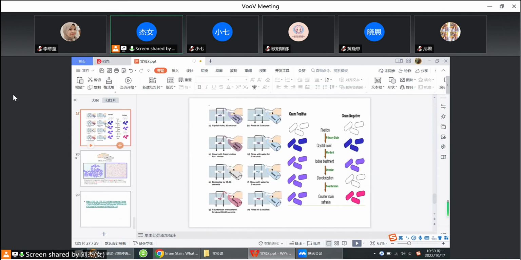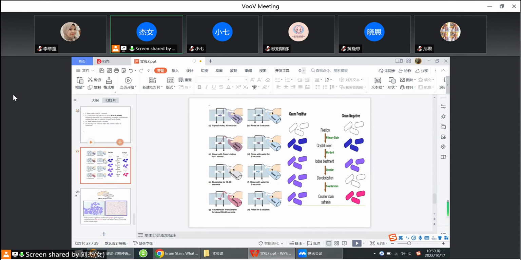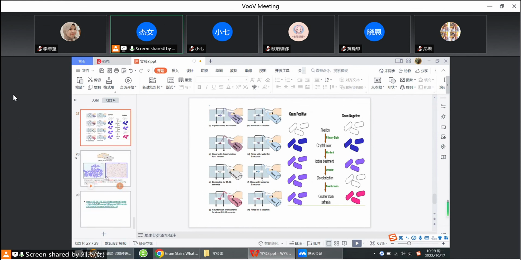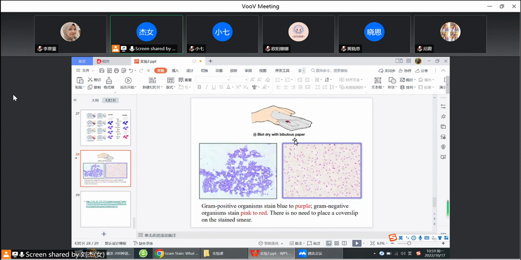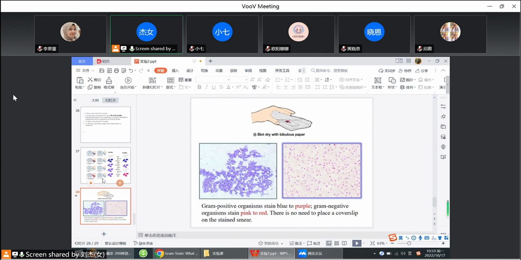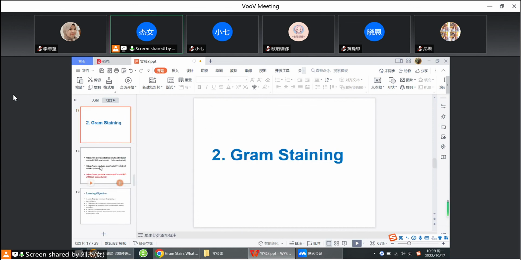In the slides, it also shows some pictures to let you know how to perform the gram staining, just like the video has shown. Finally observe it under the microscope and you will get the result. So this is the most simple test or diagnosis to distinguish bacteria, the gram staining.